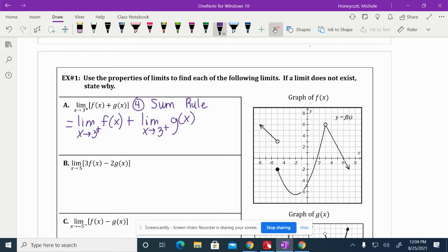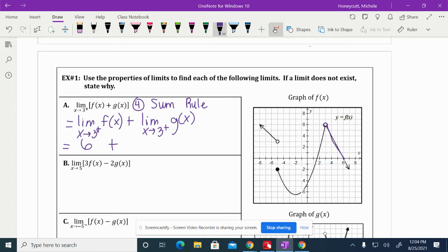So I look at my graph to find the first part. For f, I'm going to approach x equals 3 from the right. As I approach 3 from the right, the y value is 6.